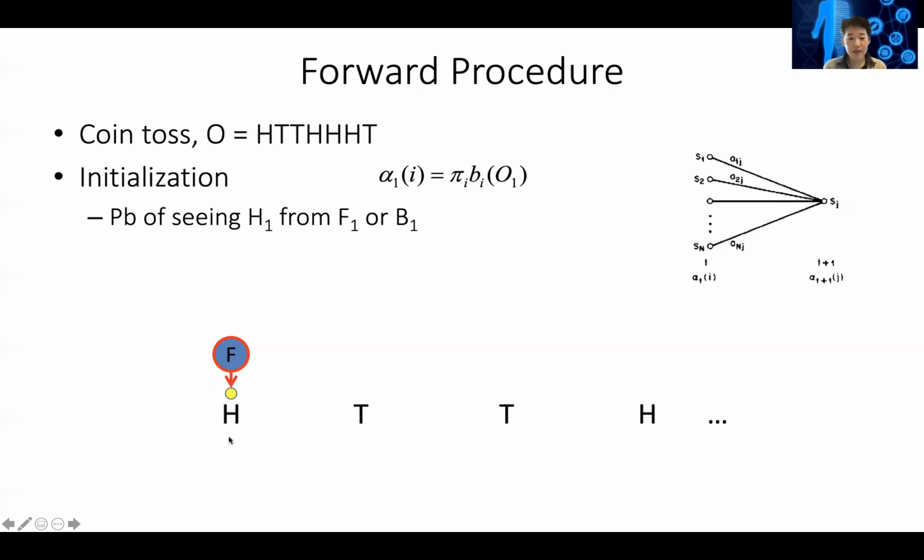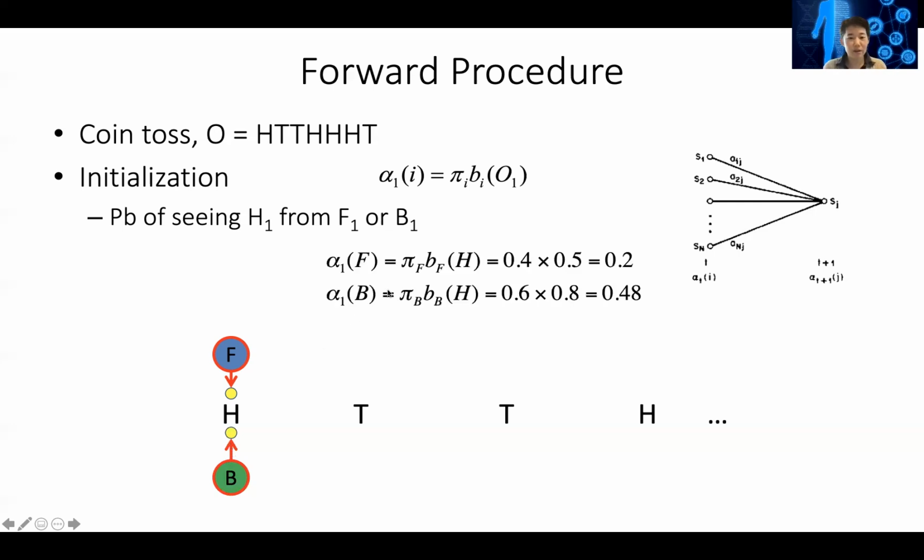We can calculate the same for the other side, which is a number we keep track of in this yellow circle here. If we use a biased coin, it's the initial probability of the biased coin times the emission probability from the biased coin to give out this head. You keep track of these two numbers, and we call them alpha.